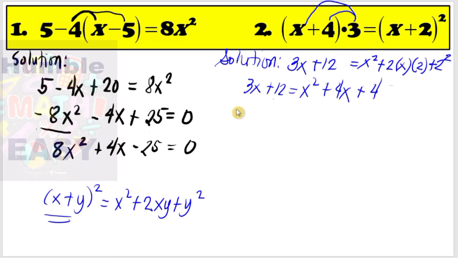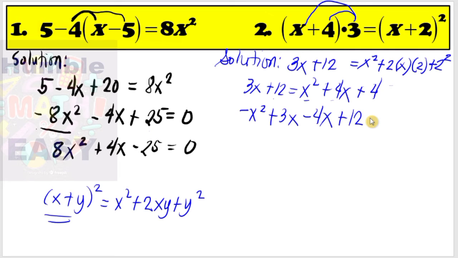So we now have here, as the x squared, it became now negative x squared, copy the 3x, then positive 4x, it became now negative 4x, copy the 12, because since the 12 there is in the left side, and then we're going to transpose the positive 4, because that one is written on the left side of the equation that we have, and so we now have here negative 4x.